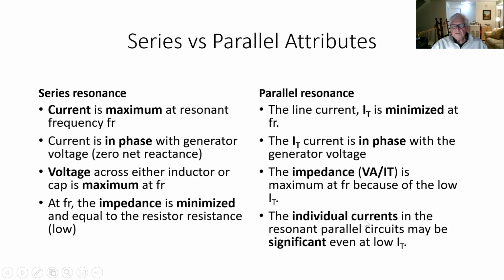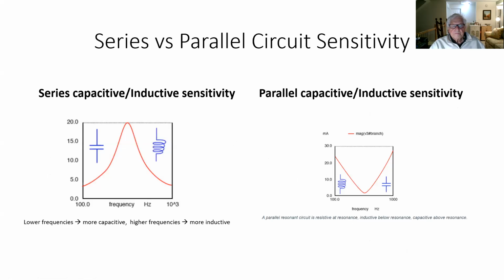The individual currents in the resonant parallel circuit may be significant, though, because even at such a low line current, that allows us to use it as a filtering device and get an output from it. So here's a picture. In the case of a series capacitor and inductance, if your frequency is below the resonant frequency, you're acting capacitively.